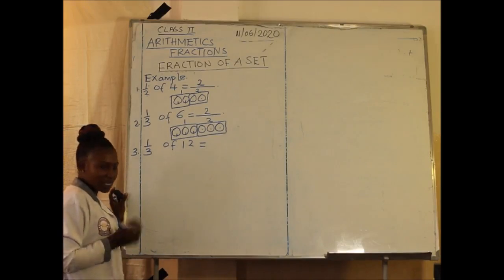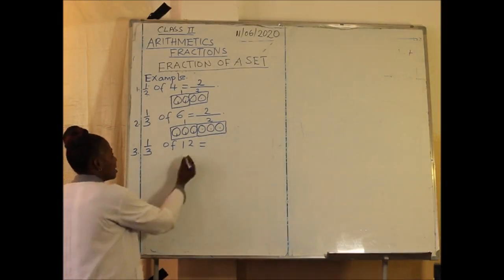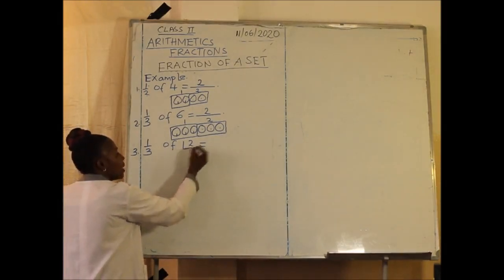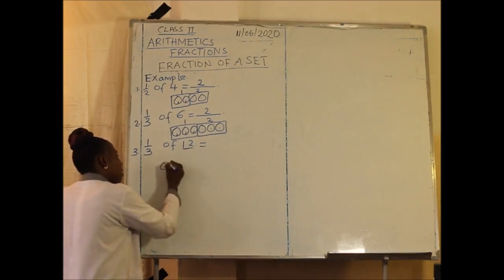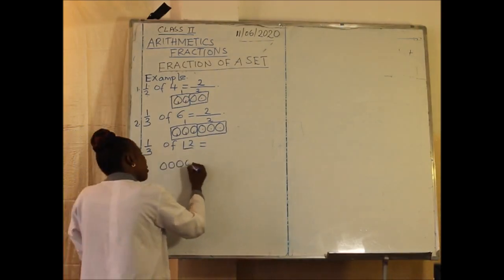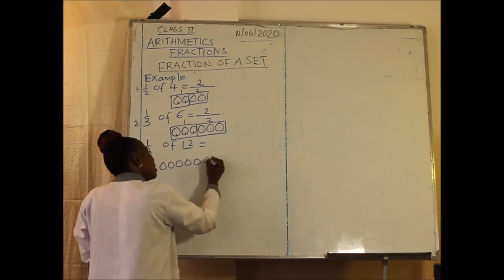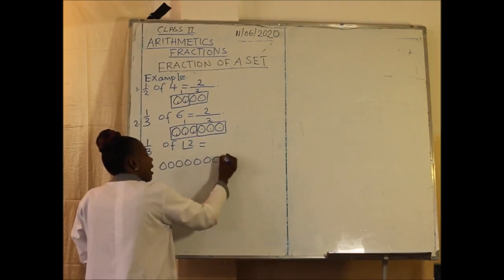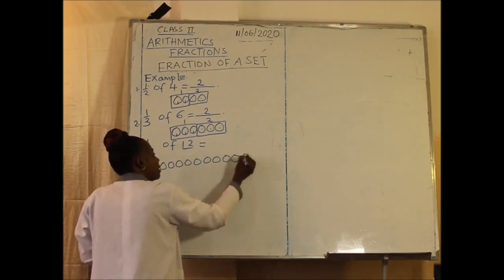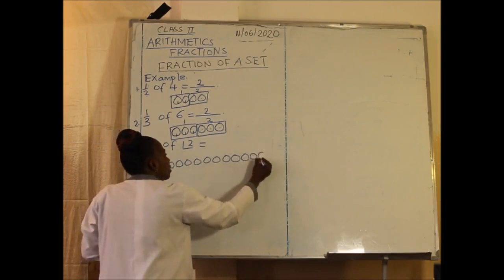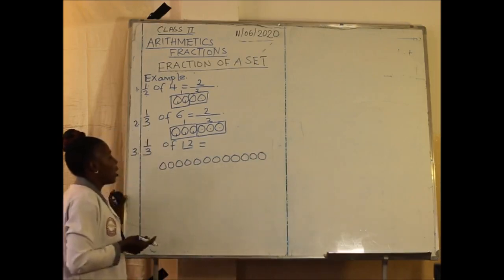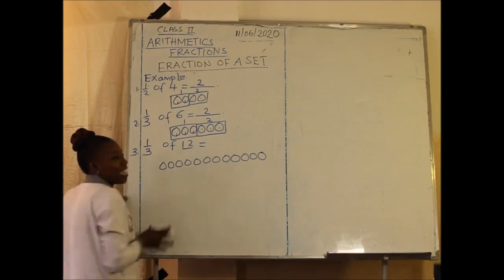Have to follow the same steps or procedures. That is to draw balls according to this number here. That is 1, 2, 3, 4, 5, 6, 7, 8, 9, 10, 11, 12. So we have 12 items.